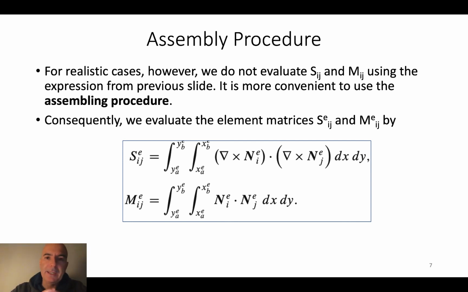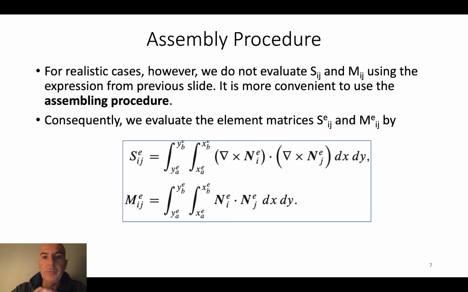So for a realistic case, we do not evaluate Sij and Mij directly using the expression from the previous slide. We use the more convenient assembly procedure we saw in the case of a scalar equation with FEM.